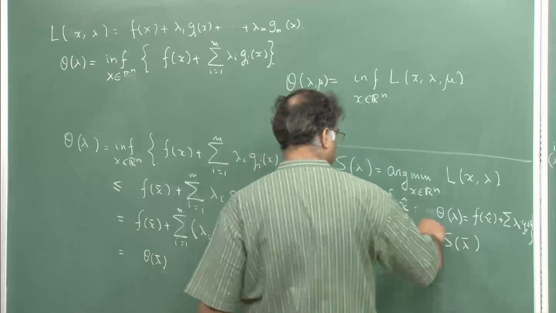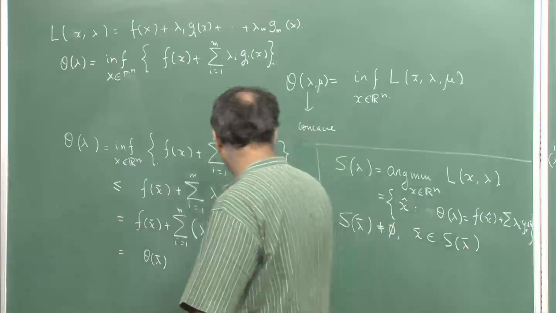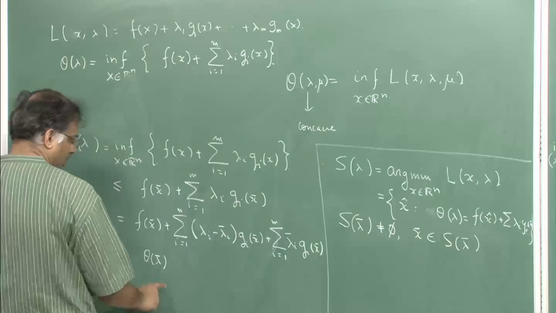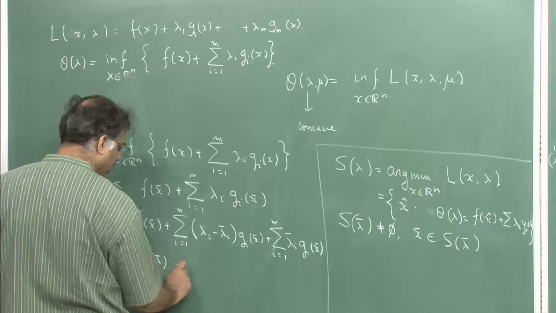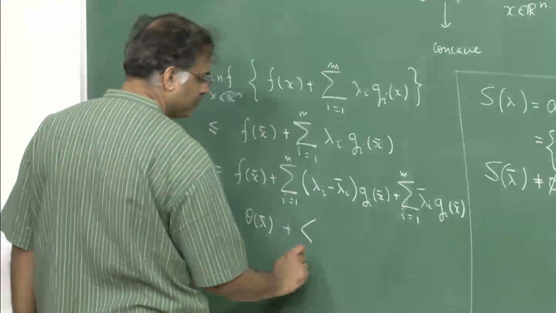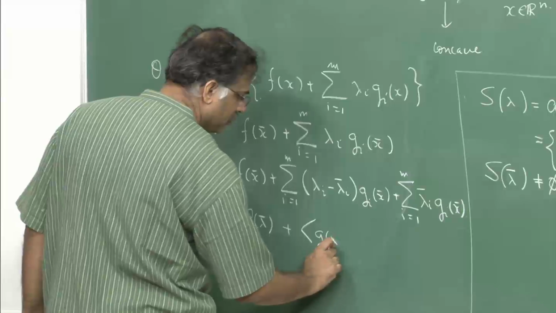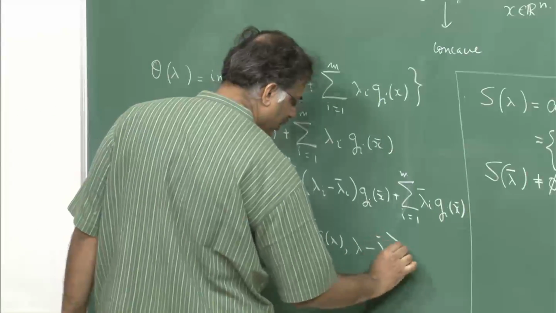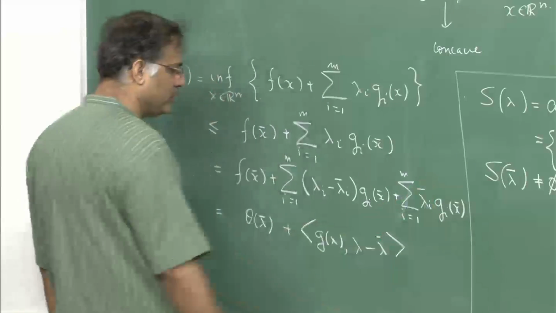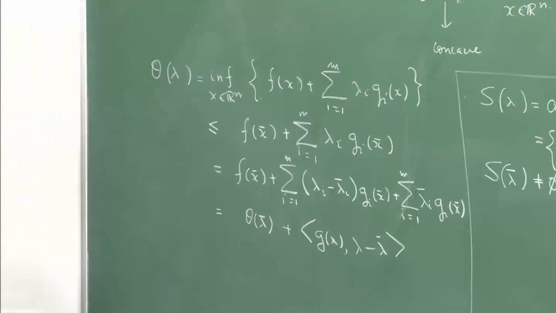So, theta lambda bar is exactly f of x bar plus lambda i bar g i of x bar. Now, these two combine to give me theta lambda bar, and I can write it more compactly as lambda minus lambda bar transpose g of x bar, where g of x is the vector g 1, g 2, up to g m of x.